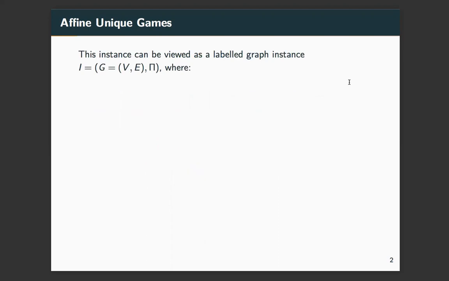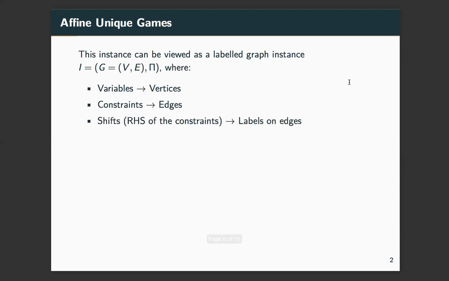The affine unique games instance can also be viewed as a label graph instance where variables get mapped to vertices, the constraints get mapped to the edges, the shifts or the RHS of the constraints get mapped to labels on the edges, and any assignment to the equation view of the instance corresponds to a labeling of the vertices in k to the n.